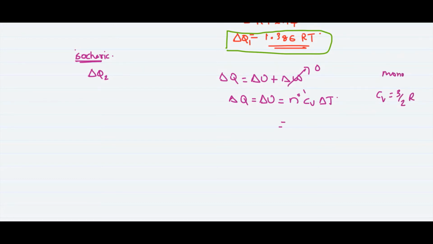In the question it is given the gas is monatomic, so Cv is 3/2 R. So we write 3/2 R into ΔT. ΔT is T2 minus T1.